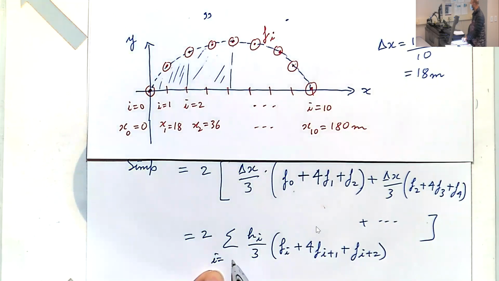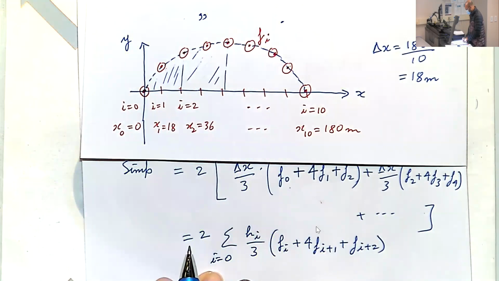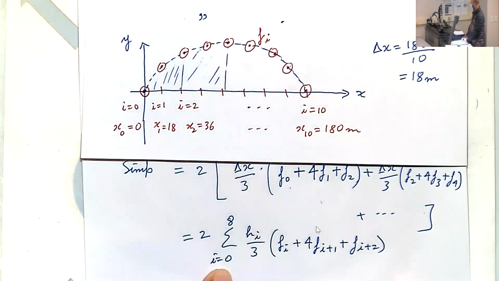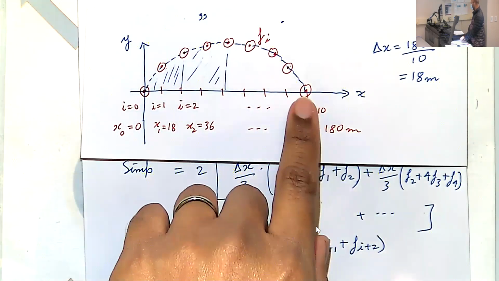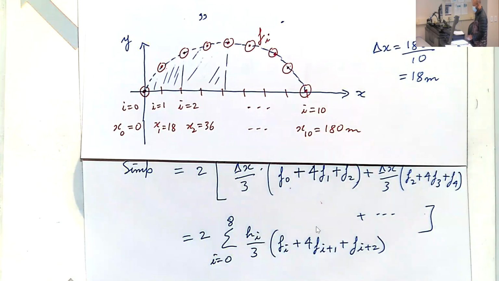What should I go from to what? Yeah, 0 to, not to 10, but to 8. I goes from 0 to 8 because you'll run out of points once you reach I equal 8. So this guy will be 10 and there's nothing left after that.